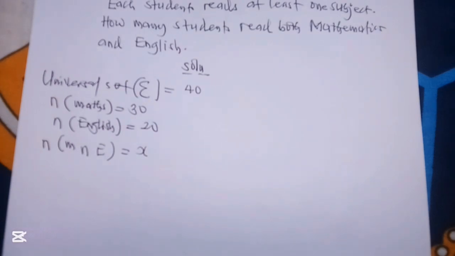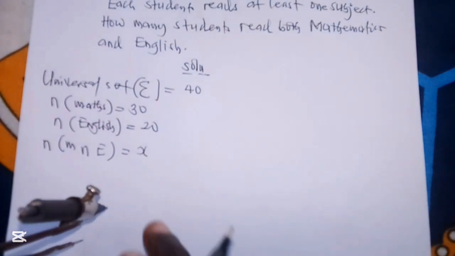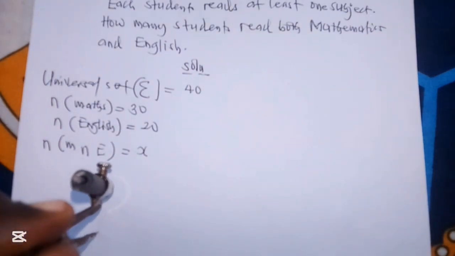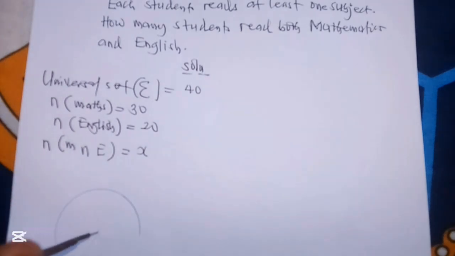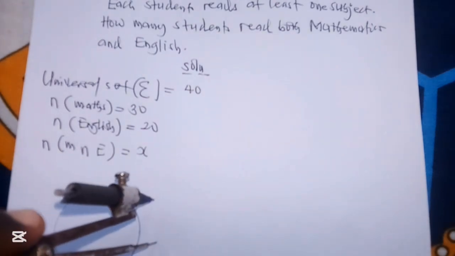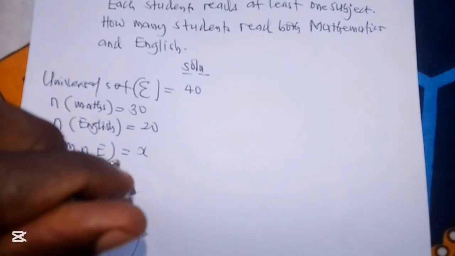Now Venn diagram, since there are two sets, that is math set and English set, we draw two circles. Let's just have patience to draw. You draw your two circles like this way. We draw something like this.